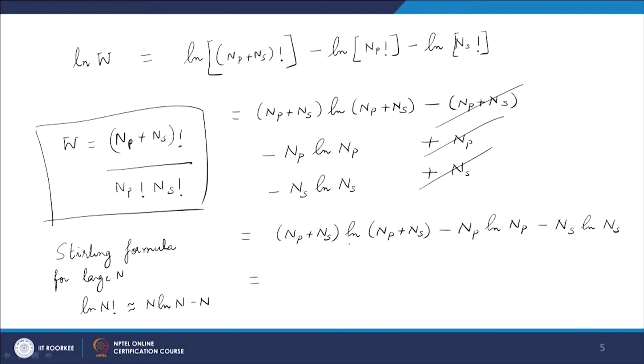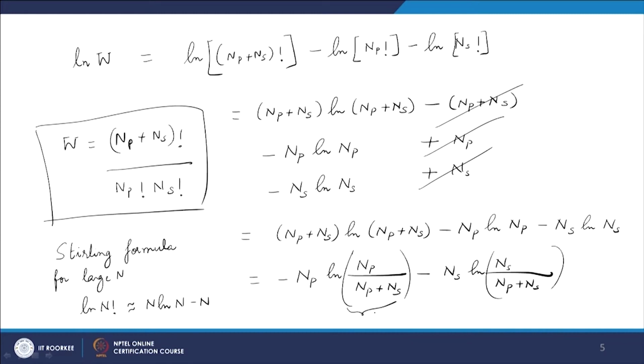This I can write as −Np ln(Np/(Np + Ns)) − Ns ln(Ns/(Np + Ns)), and this by definition is my phi.